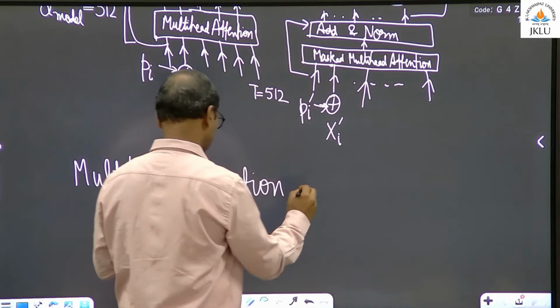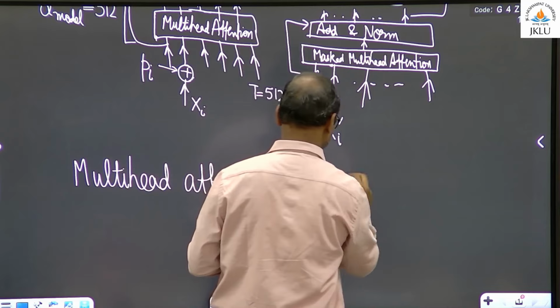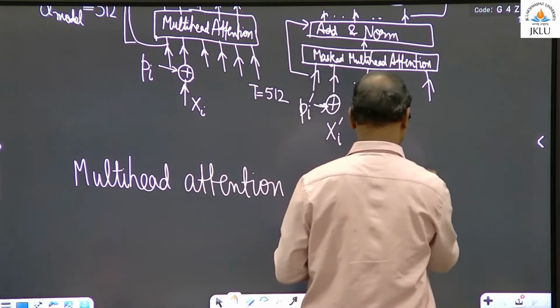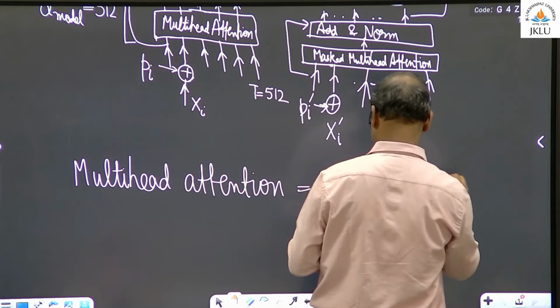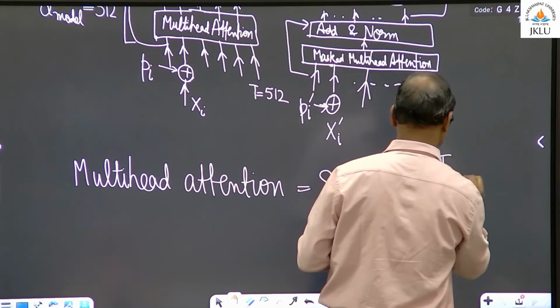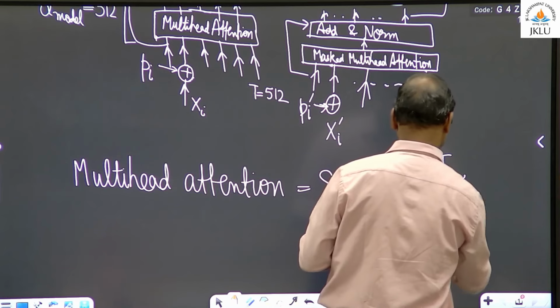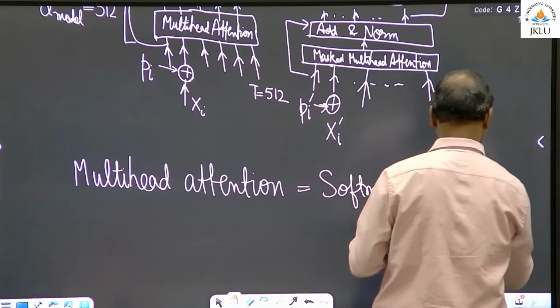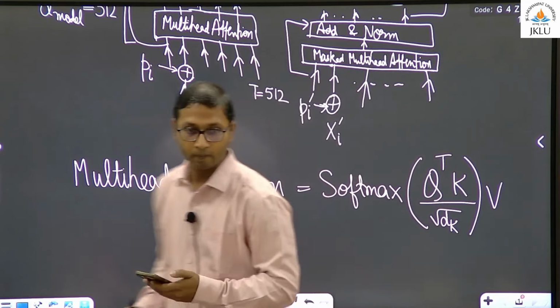What was the equation for this? This was softmax of Q transpose K divided by root dk, times V, right?